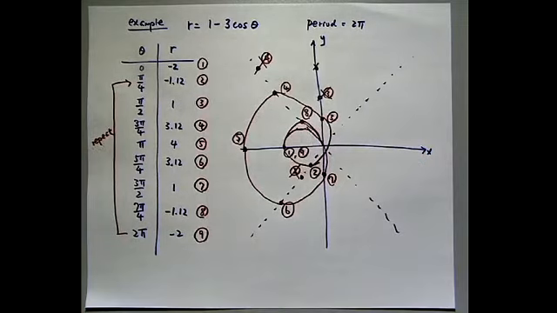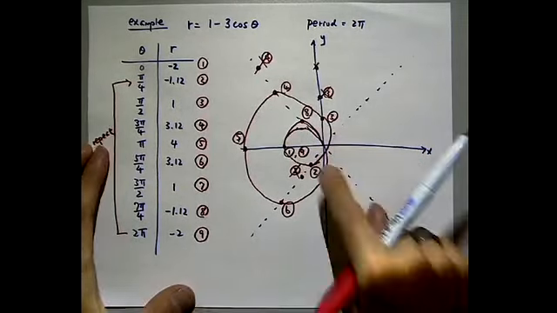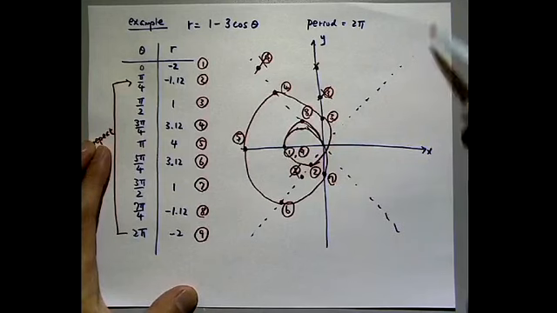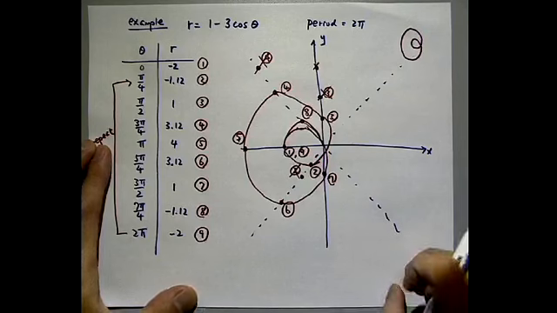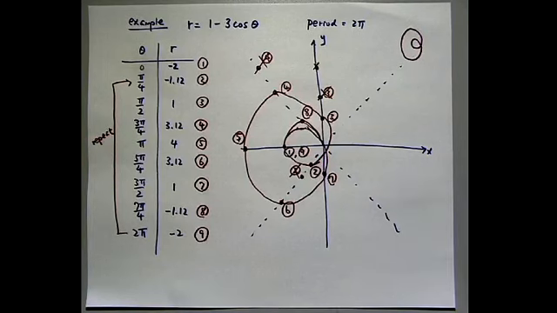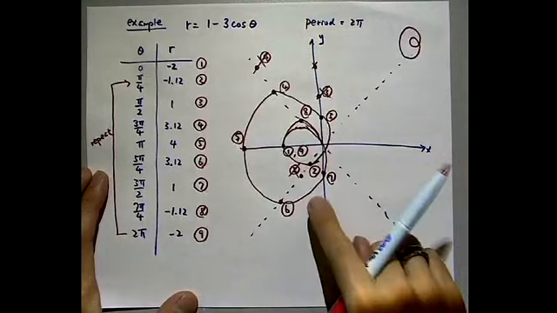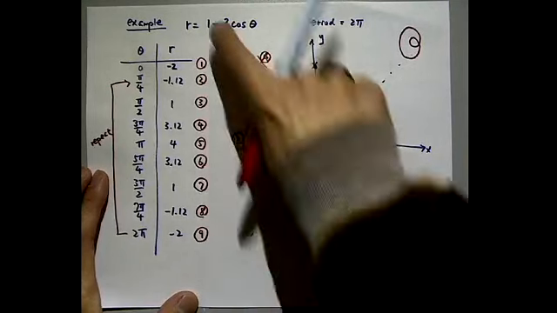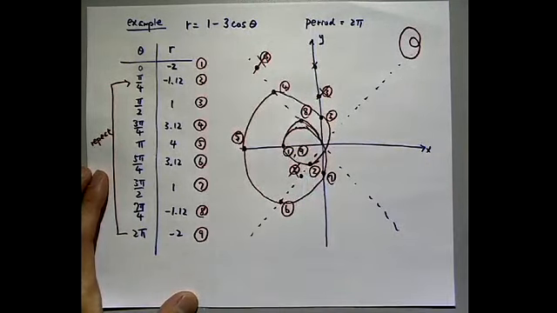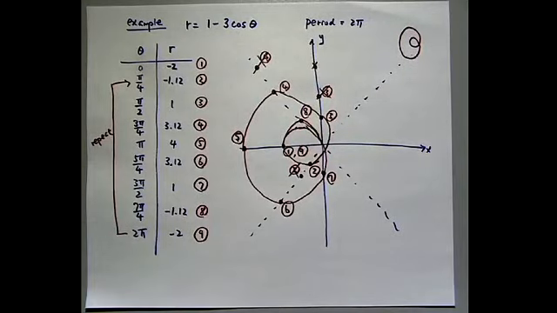Let me fix this better here. It should look something like this. It's kind of like a circle within a circle. Again, I'll fix this when I send the notes out today. Sorry about this. But you get the idea: you put these points here and just follow the order.